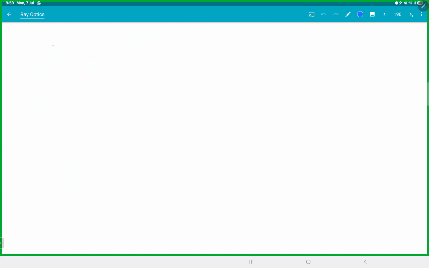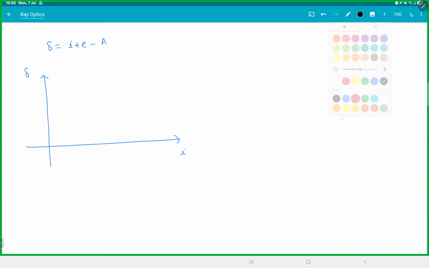Now we got delta is equal to I plus E minus A. Normally when you do the experiment for different angles of incidence, you get different values of delta, and you plot them on a graph, delta versus I. This graph would look something of this sort.